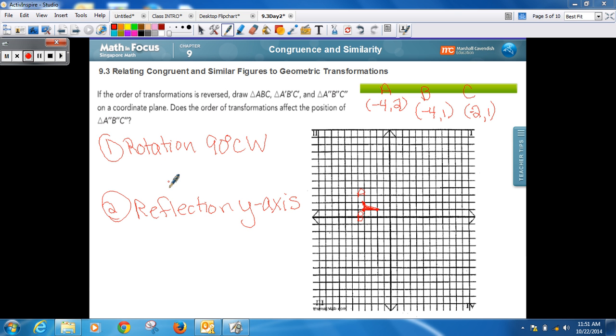So hopefully you now have your card, and you should have noticed that (x, y) with a rotation of 90 degrees clockwise maps onto (y, -x). So I'm going to change colors, and I'm going to go with blue for my second one, and (y, -x) for A would be 2, 4.